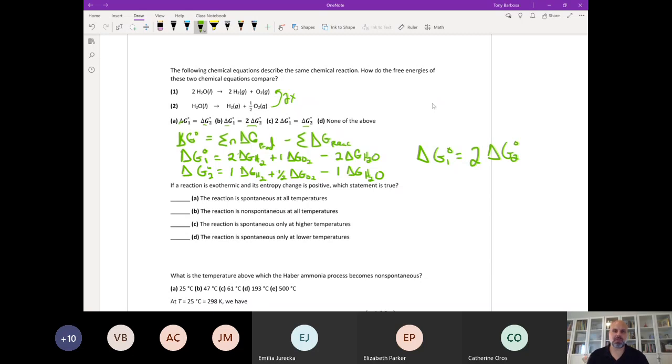Because if we just multiply this entire reaction by 2, then the 1 will become 2, the half will become 1, and the other 1 will become 2, right? Does that make sense? So the answer here is going to be B. Make sense? Any questions on that?